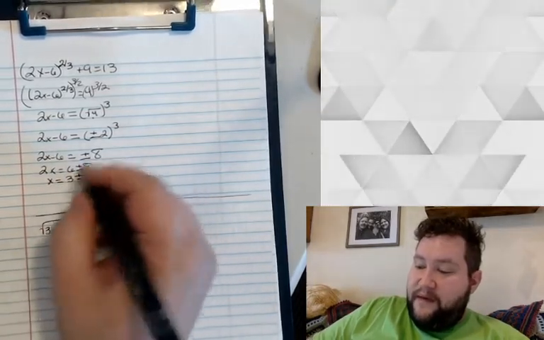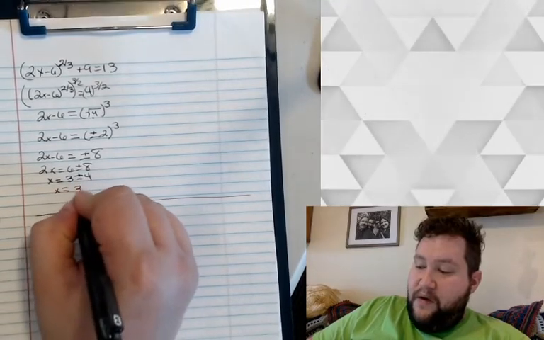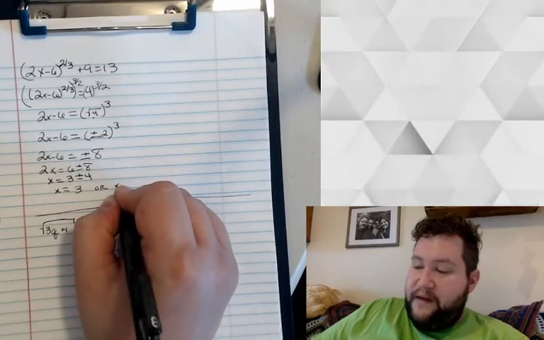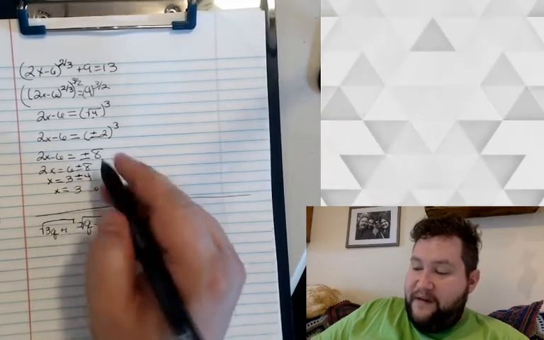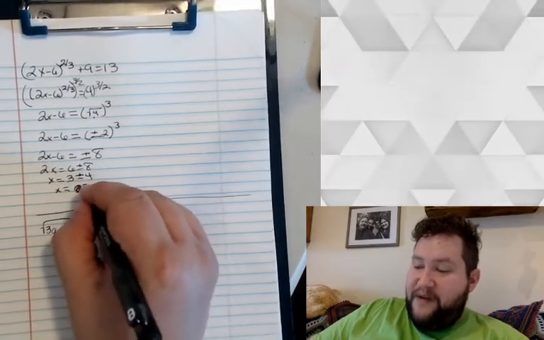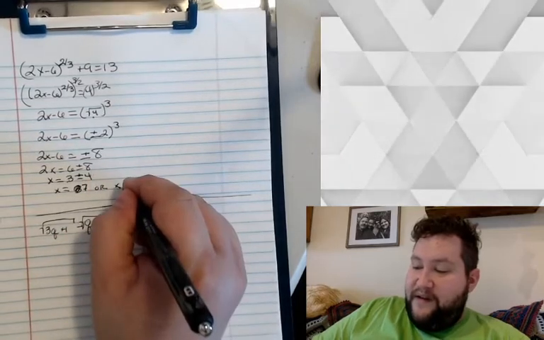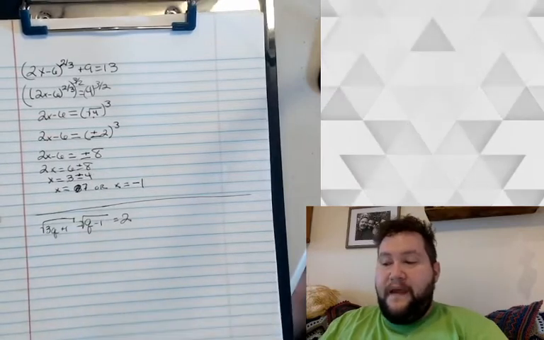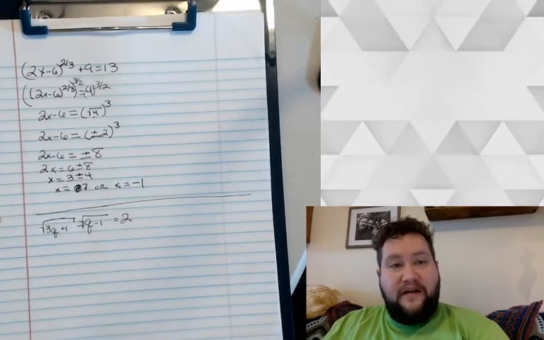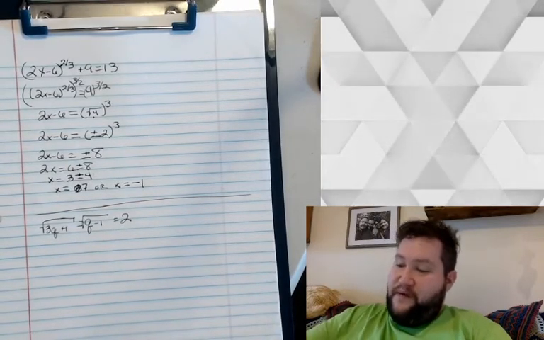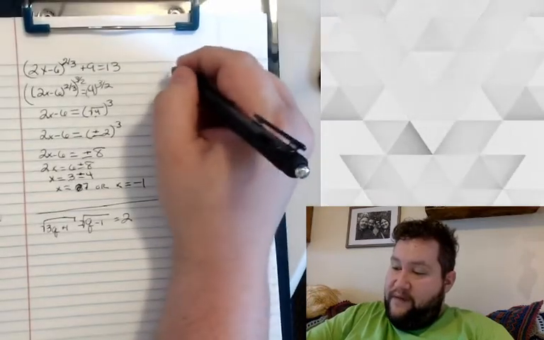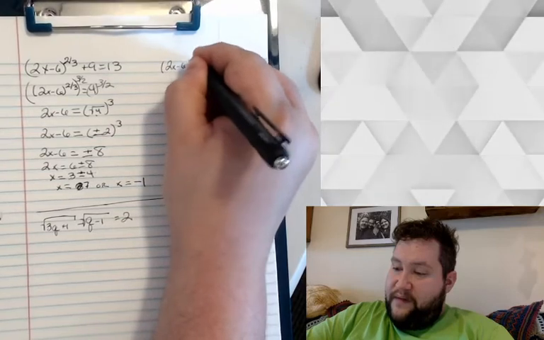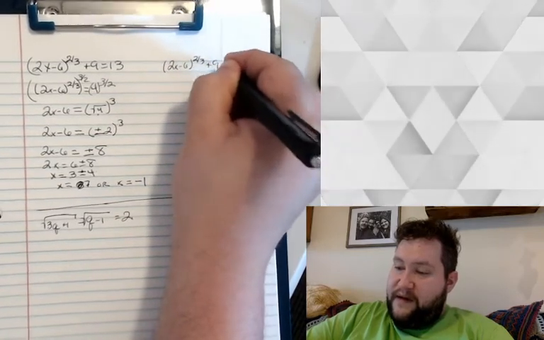So x equals 3 plus 4 is 7, or 3 minus 4 is negative 1. And we always need to check our answers. So if we have 2x minus 6 to the 2/3 plus 9 equals 13.